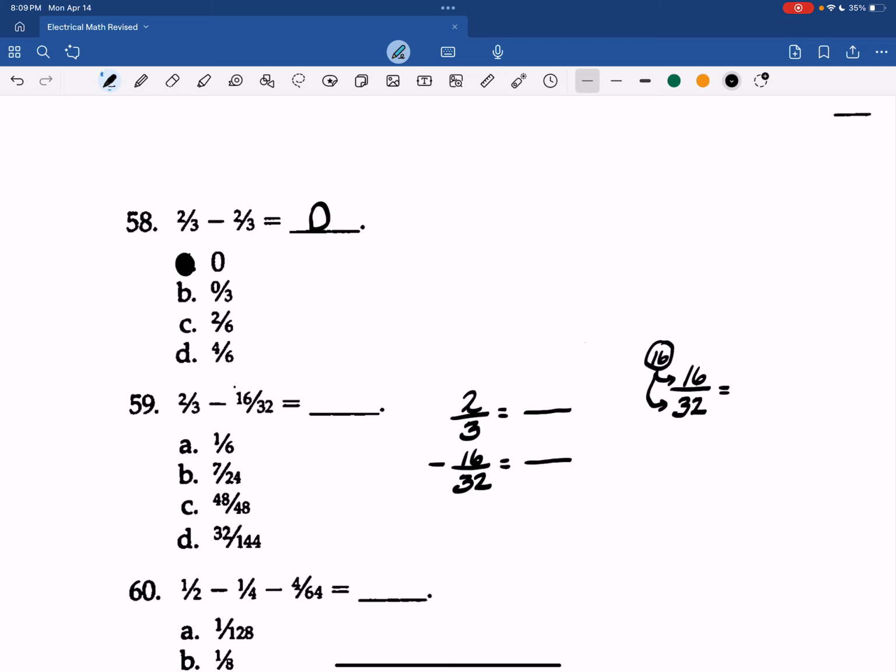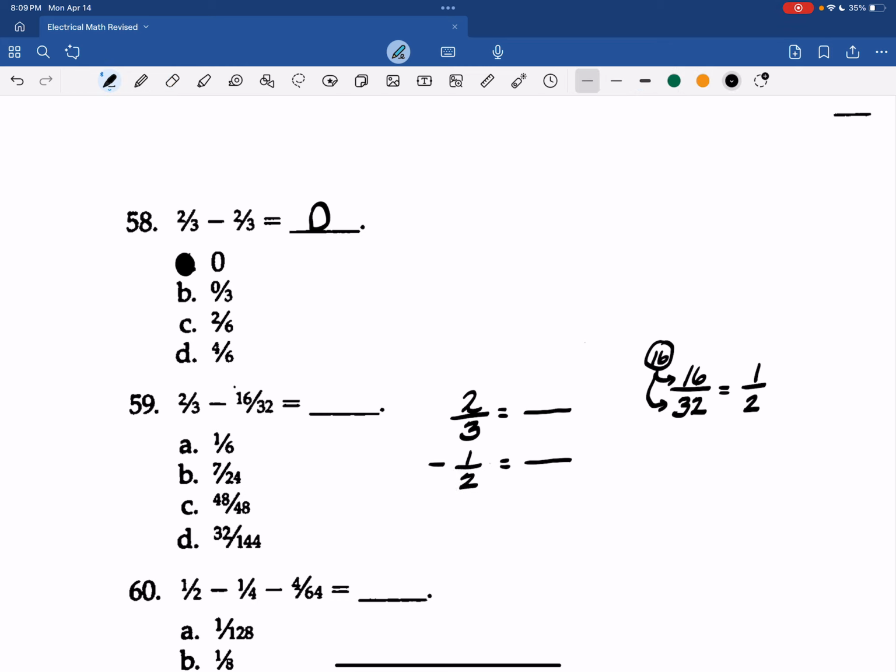16 divided into itself is 1, and into 32 is half. So instead of 16/32 right here, I didn't mean to erase all that, I'm going to substitute that 1/2 here.